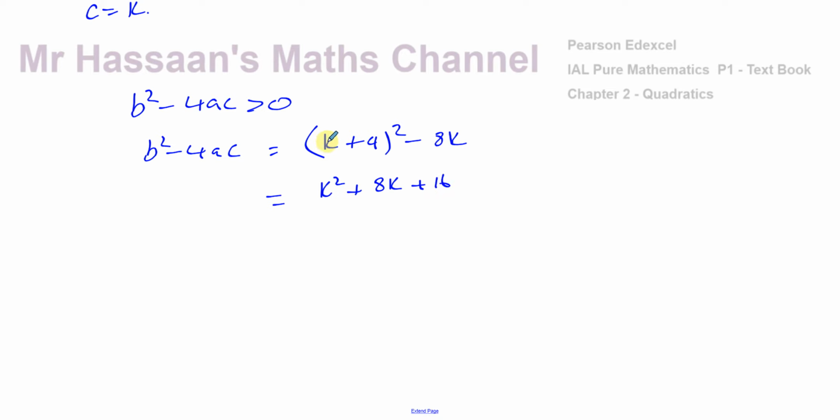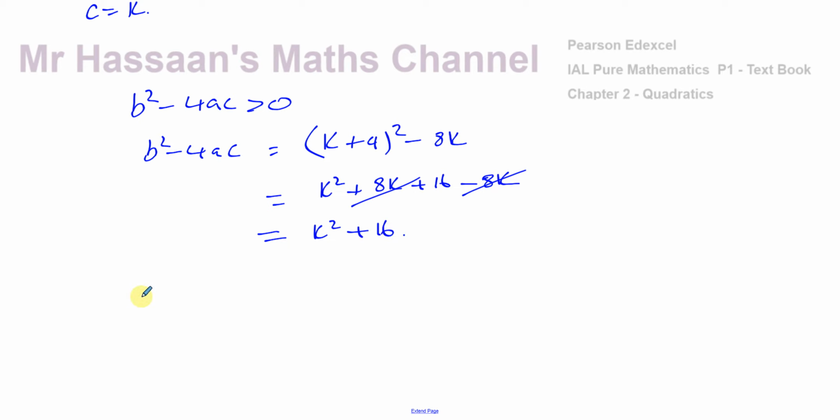If you square the bracket the long way, k plus 4 times k plus 4 gives you k squared plus 4k plus another 4k, which is 8k, plus 16. And you've got minus 8k at the end here. Now the 8k and the minus 8k become 0, so you have k squared plus 16.